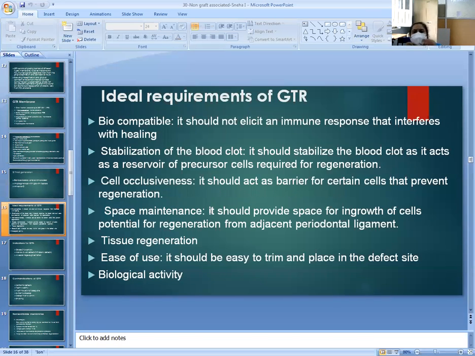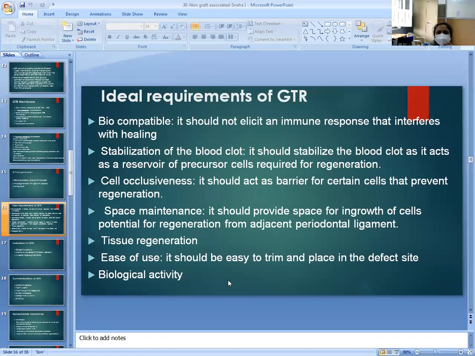Then what are the ideal requirements of a guided tissue regeneration membrane? The GTR membrane should be biocompatible, meaning there should be no immune response to that membrane, and it should not interfere with healing.